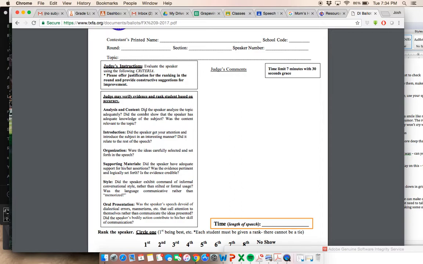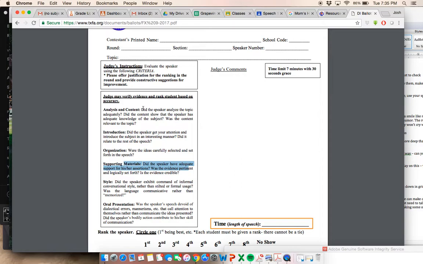So you're looking for some basic structure. Is there an introduction? Do they have 3 points and a conclusion? Do they have supporting materials, right? So does the speaker give citations? For instance, I might say, Mother Jones reported on September 2nd of 2018, or I might say Reuters states on September 1st, 2018. You're listening for citations to where they gathered their evidence.